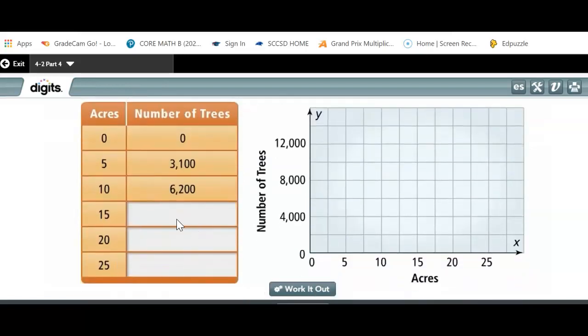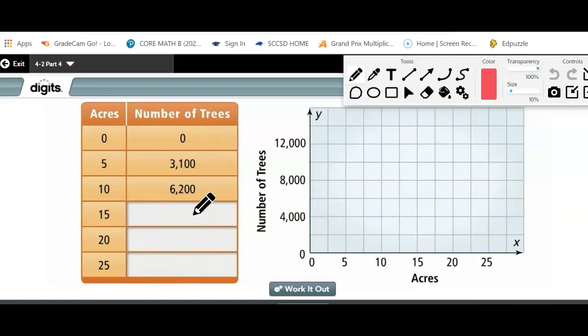See if you can find the rest of the number of trees here, and then with that information, you can graph it. You have your acres on the x-axis, the number of trees on the y-axis. So go ahead and complete the table and graph that information from the table into the graph.